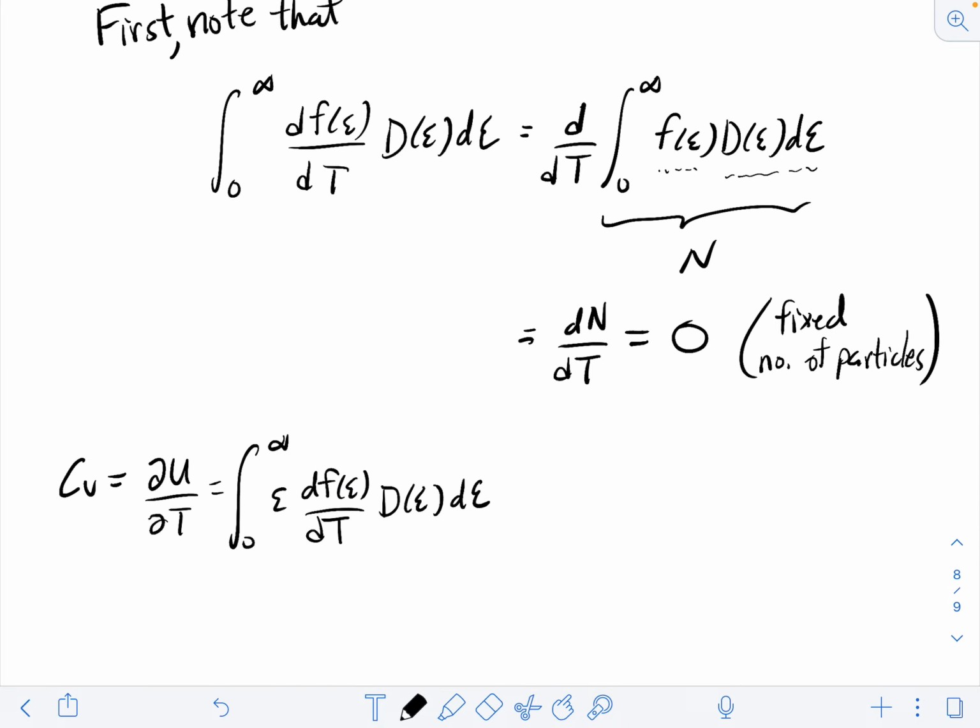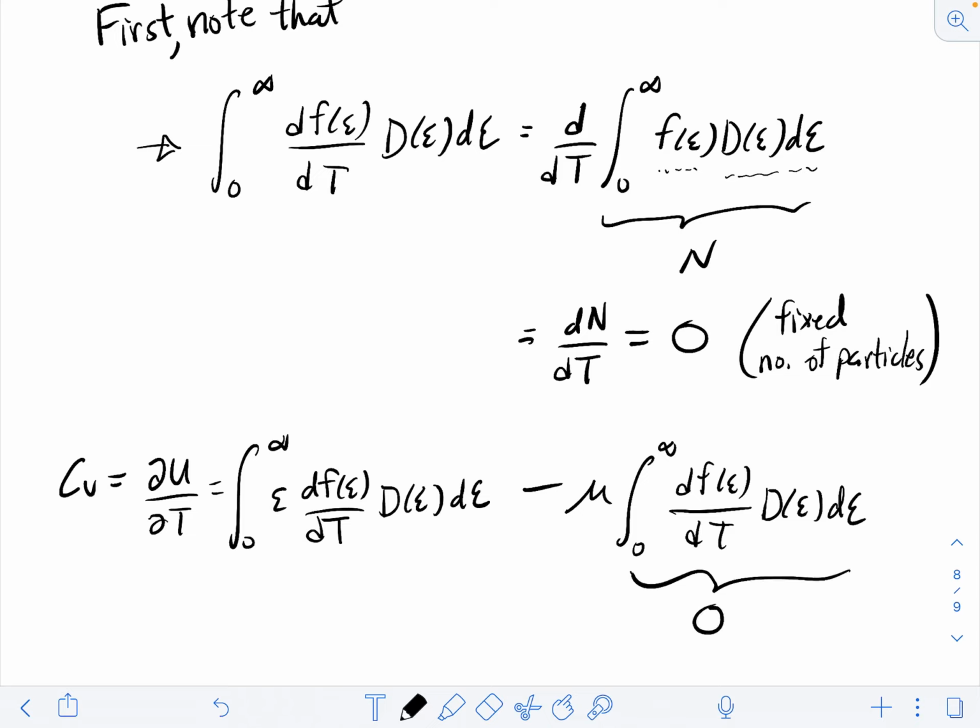So what I'm going to do is subtract something from this. I'm going to subtract the chemical potential, but then I'll multiply it by this integral. And this integral is the one that we just worked with above, and we showed it was 0. So essentially I'm subtracting 0 from the first term, and so I can do that without changing the result.